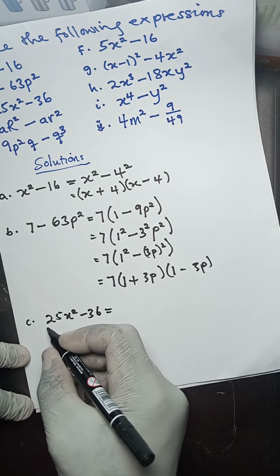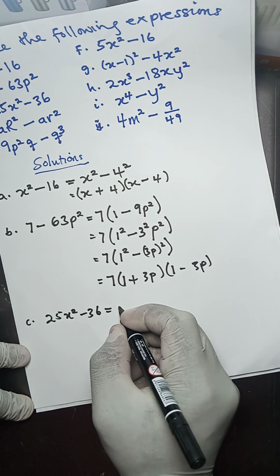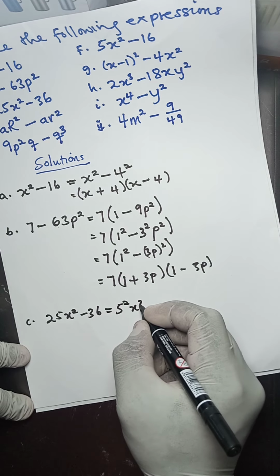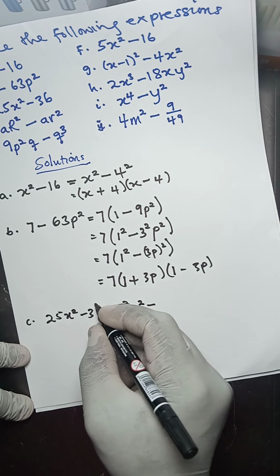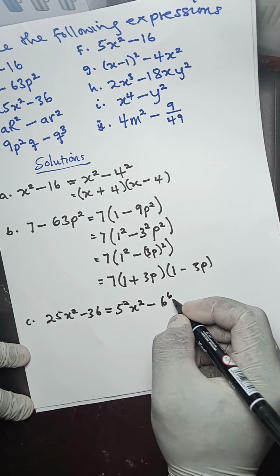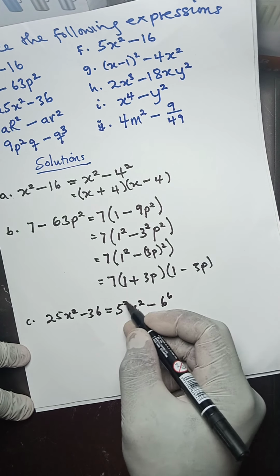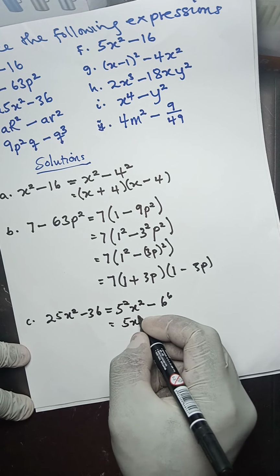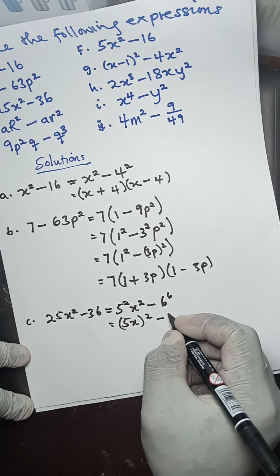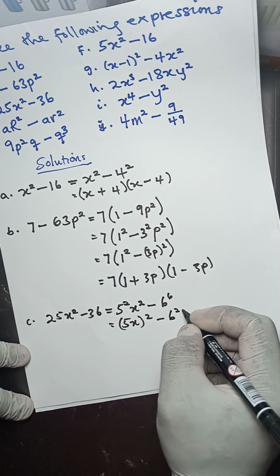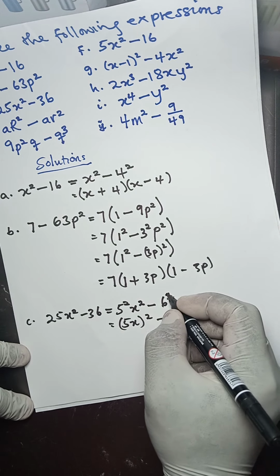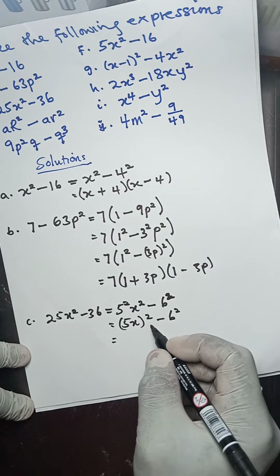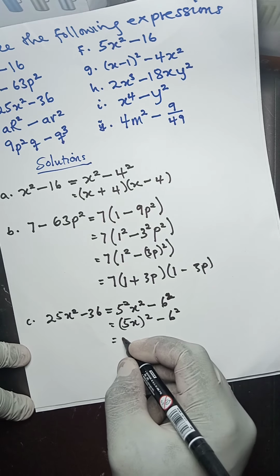Our 25 becomes 5 raised to the power 2, then x squared, and minus this becomes 6 to the power 2. We can now merge this side to get one square for them, so (5x) squared minus 6 squared. Okay, so I'll open my two brackets because this is now a difference of two squares.